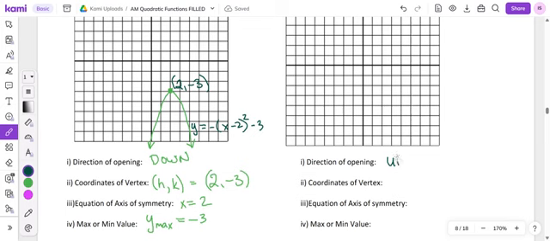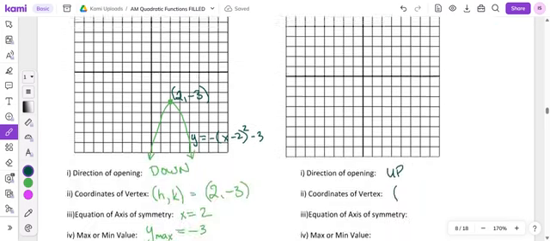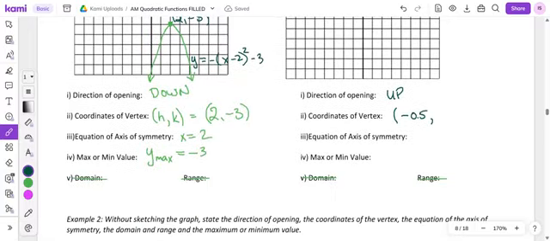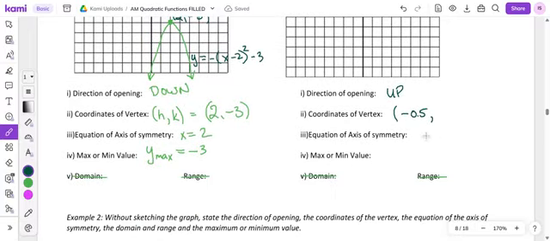It opens up. The coordinates are ugly. Now, they're fractions. I don't mind you writing them as a decimal. So instead of 1/2, I'll write 0.5, and instead of 3/4, I'll write 0.75. That sometimes helps me know where to plot the points.